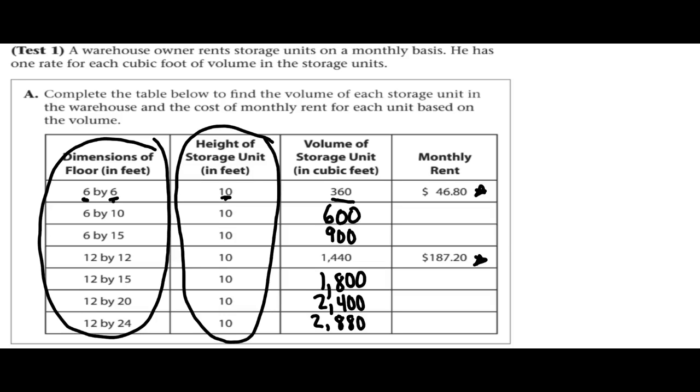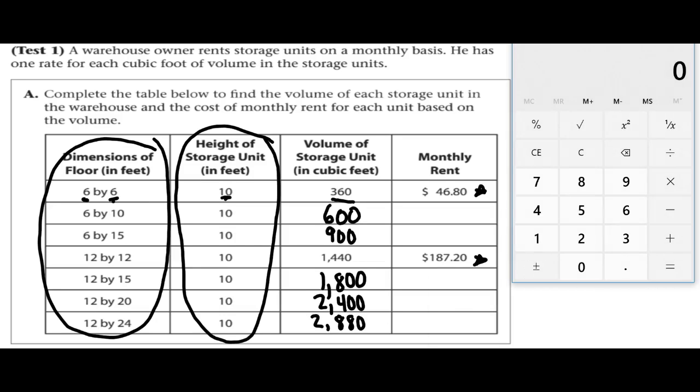Okay, so I'm going to pause for 1 second here. Okay, ready to go. So in order to do this, I'm going to pull up a little calculator here because we're using our calculator here in volume.